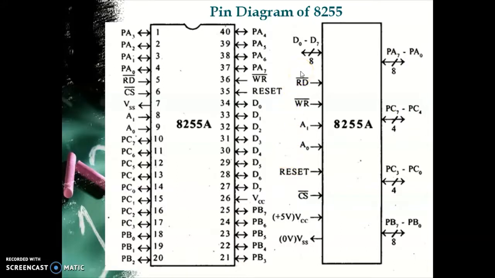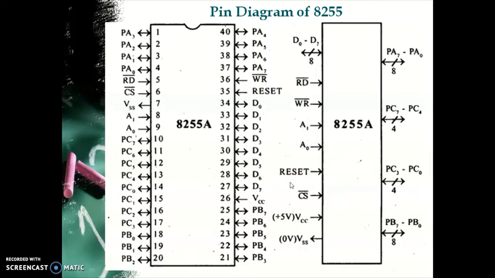To transfer data from the microprocessor, 8 data lines are available, labeled D0 to D7, which are bidirectional lines used to transfer control and data information from the microprocessor to the peripheral devices through the 8255. Two command lines, read bar and write bar, which are active low signals, receive the information from the microprocessor either to write to the peripheral device or read from it. Two address lines, A0 and A1, are used for selection of port A, port B, port C or the control word register.